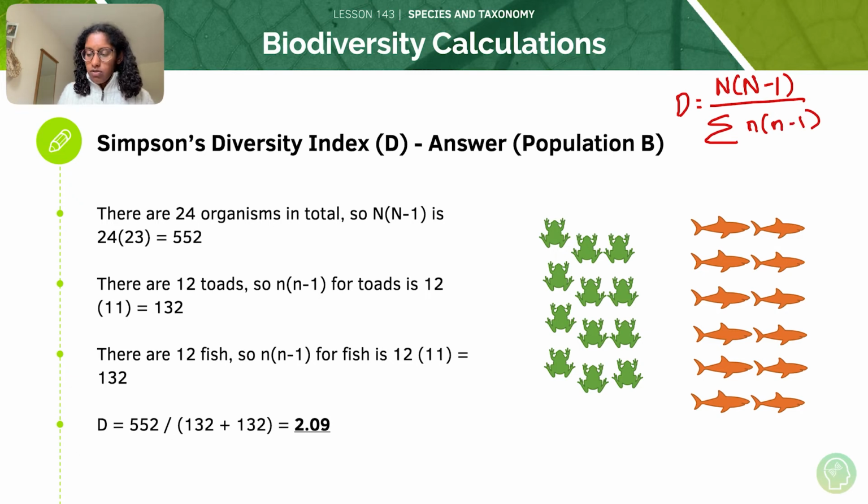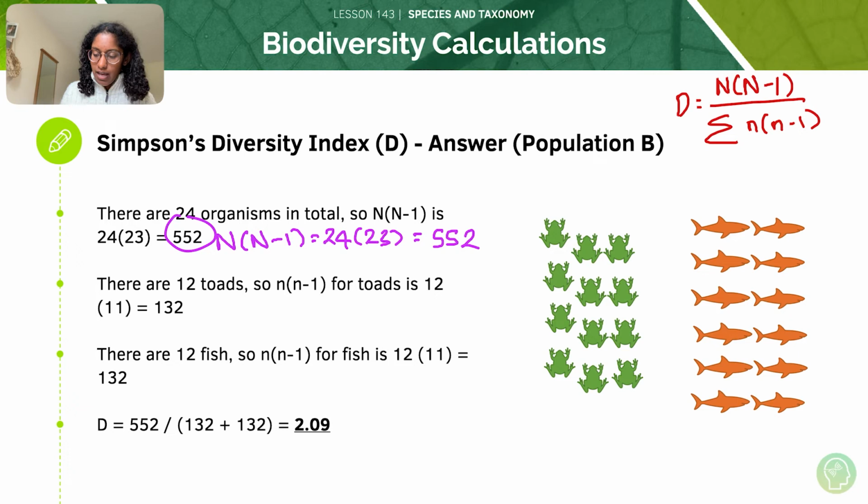So in terms of our big N, if we count up all the organisms present in population B, that's 24. So that means big N times big N minus 1 equals 24 times 23, which is equal to 552, as you can see here. And now we've got to do all the little n minus 1 calculations.